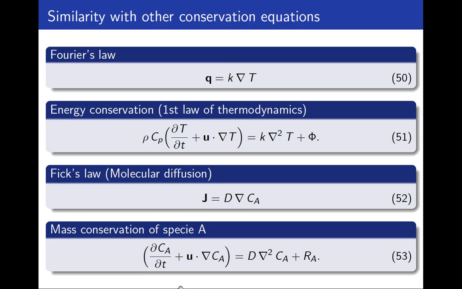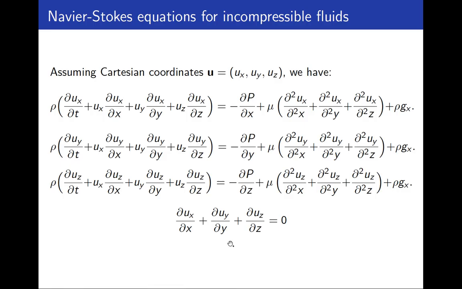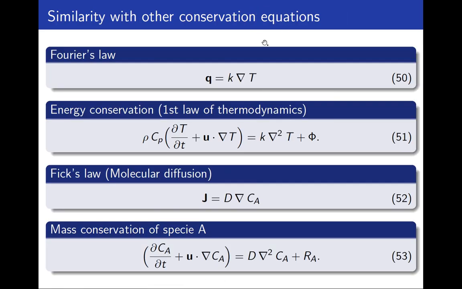Just to conclude, I want to show you some similarity of these equations with other conservation equations. I mentioned before Fourier's law, which is used to describe heat transfer by diffusion. In heat transfer, we study the spatial variations of the temperature, and we have this constant, the thermal conductivity.